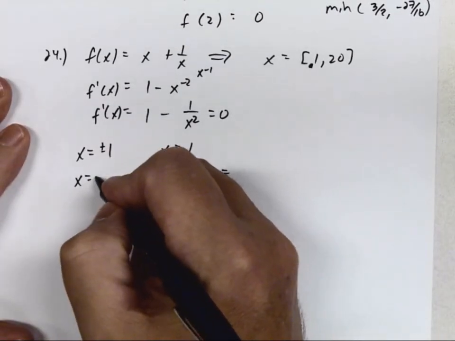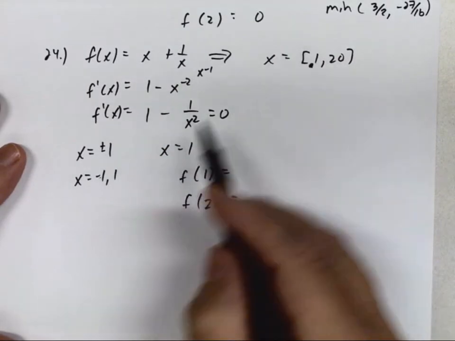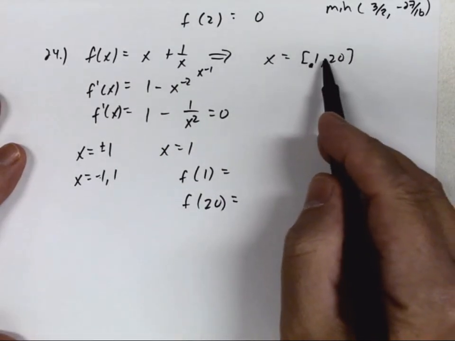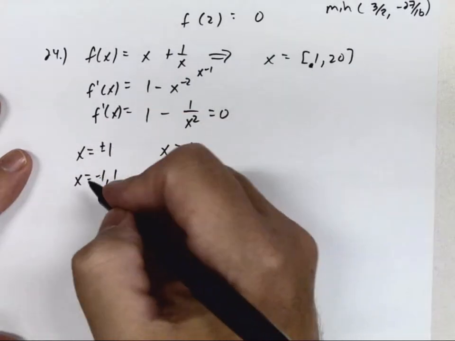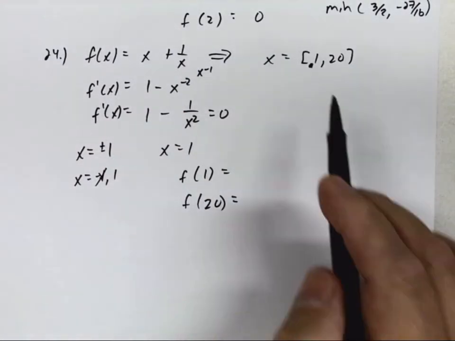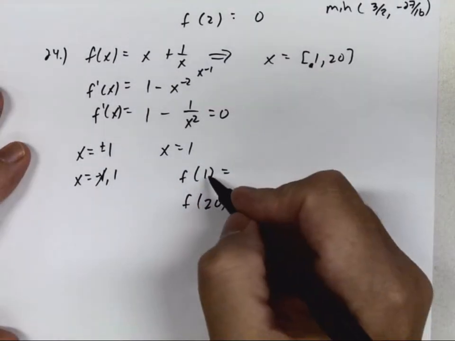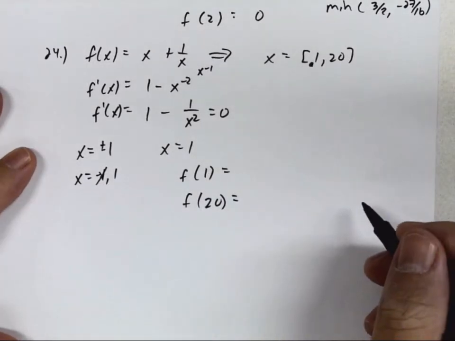So I could have said -1 and 1, but then you look at -1, it's not in the interval. -1 is not allowed. So even though it is a critical point, because it's not in the window where I'm looking, I discard it. And that's why I'm just looking at f of 1 here.